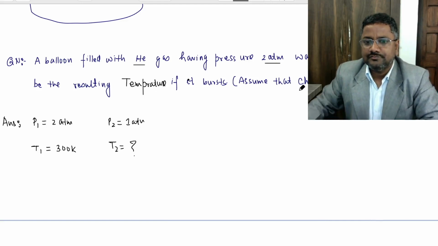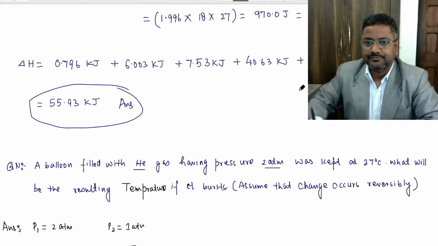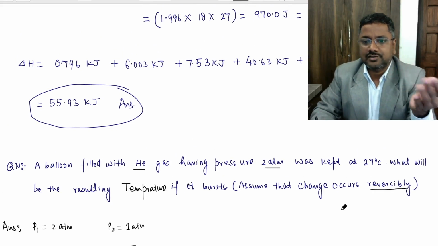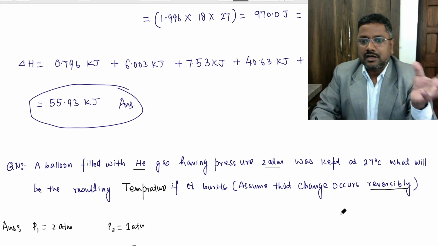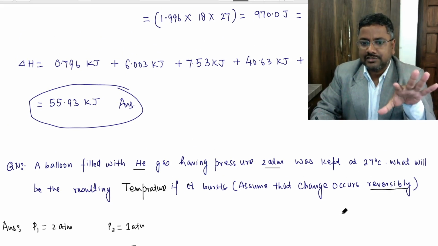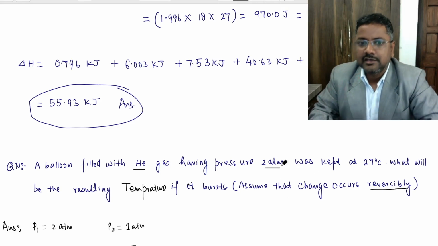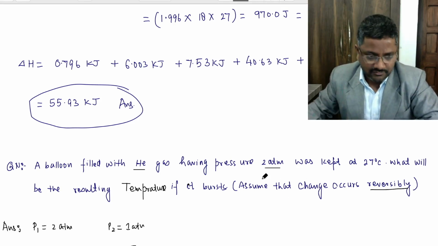See, assume that the change occurs reversibly. Although the bursting of tires or balloons are irreversible processes because they are very fast, here it is given that the change occurs reversibly. So you have to assume a reversible formula.